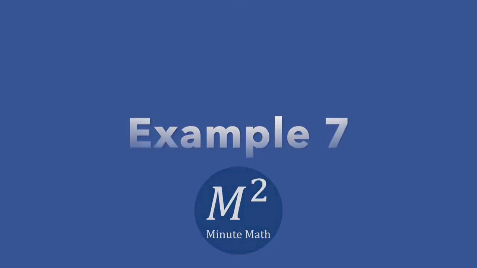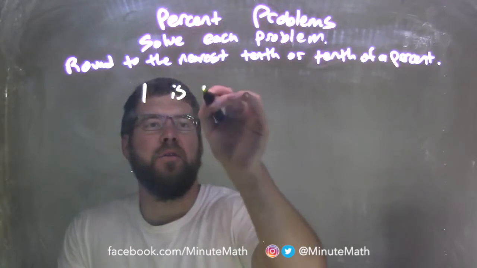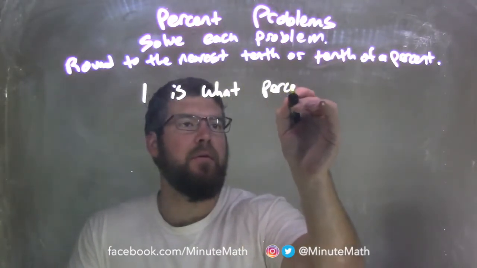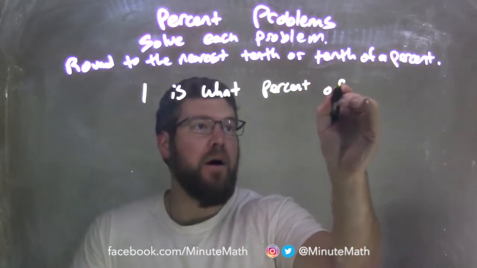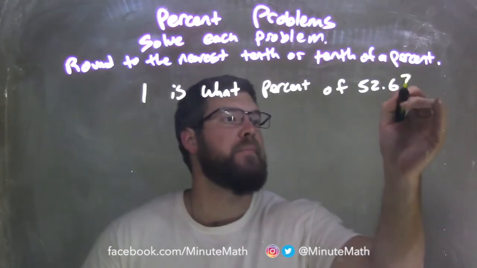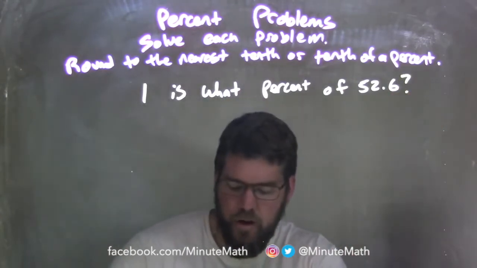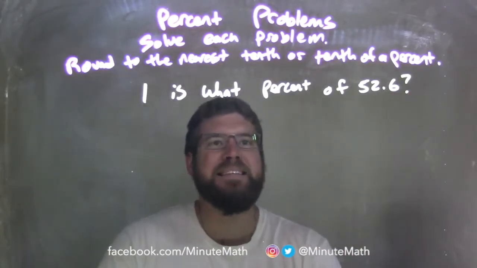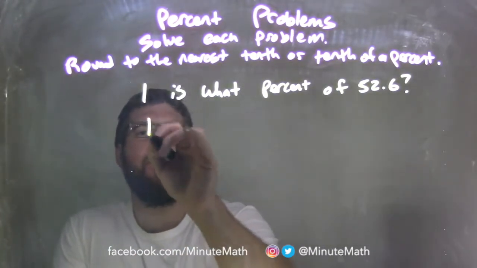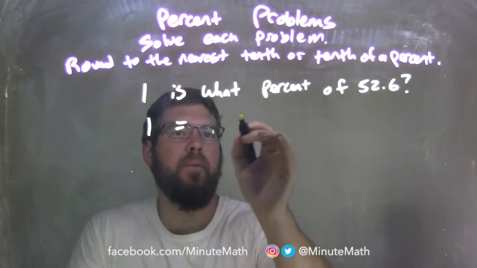1 is what percent of 52.6? Okay? So 1 is what percent of 52.6? Well, let's see if we can write an equation out of this. 1 is equal sign what percent, right?